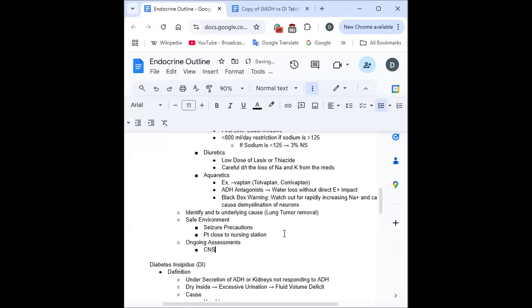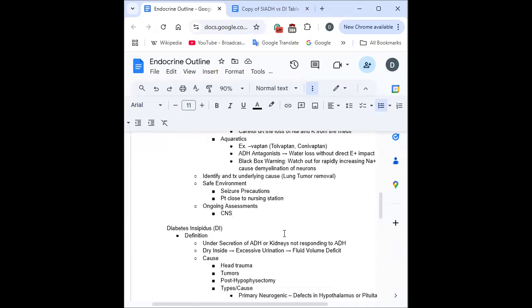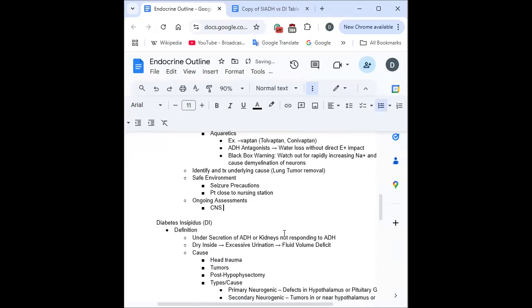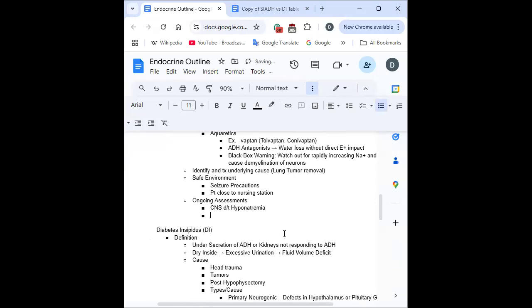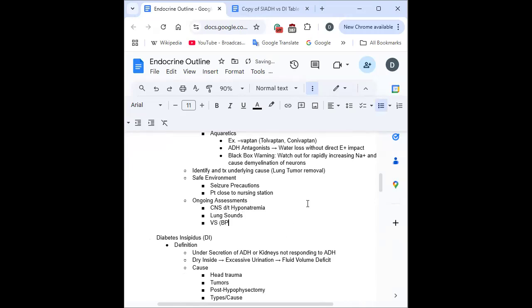For example, keep assessing the level of consciousness, lung sounds, because of the risk of pulmonary edema, and vital signs, especially focusing on the BP and heart rate, and if they're having pulmonary edema, then also their lung sounds, all that stuff.